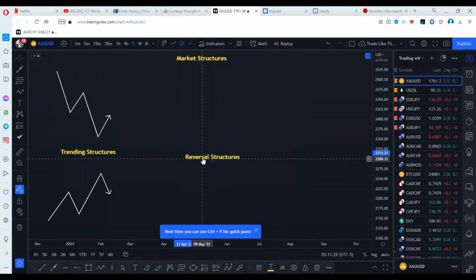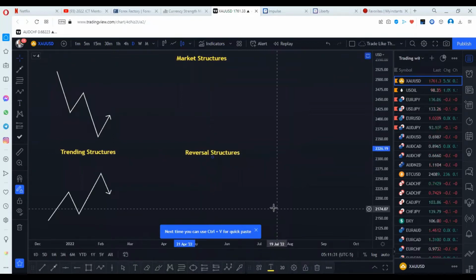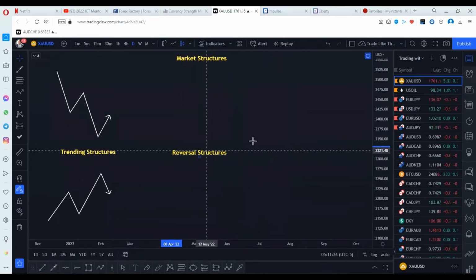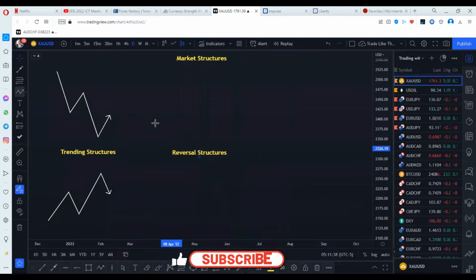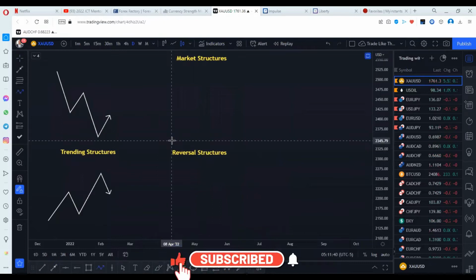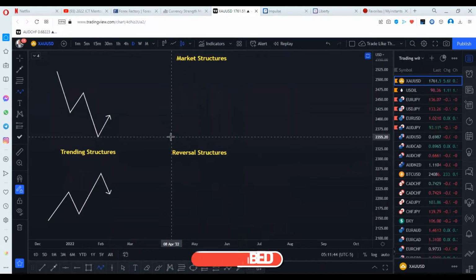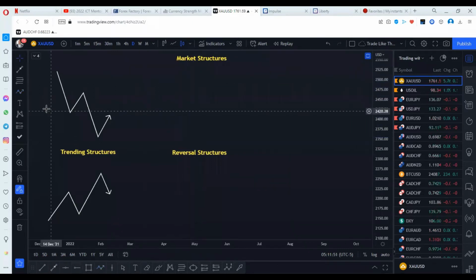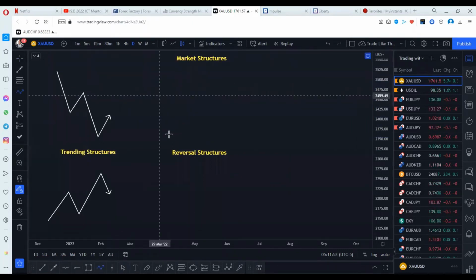Now, a reversal structure is exactly what it means. The market is actually going to reverse. All right, how do we identify that? Okay, let's take a look. How do we identify when an uptrend is going to reverse into a downtrend? Let me do it over here a little bit more to the left.